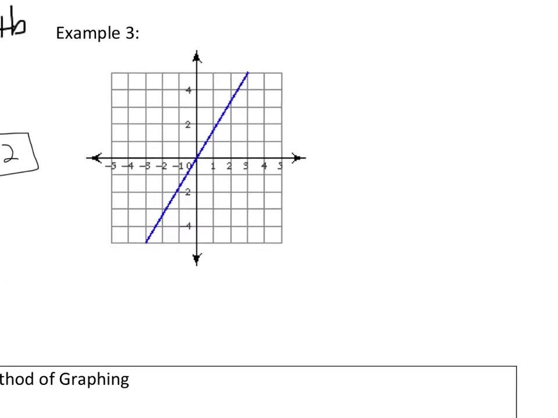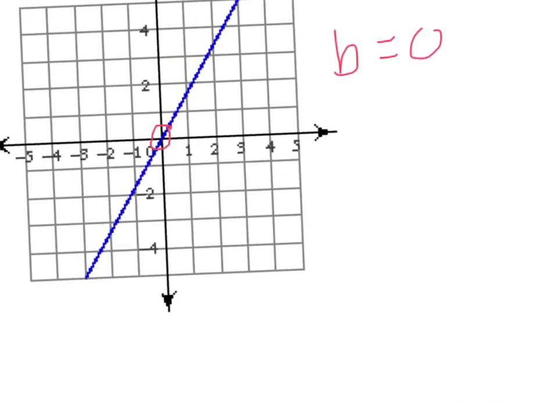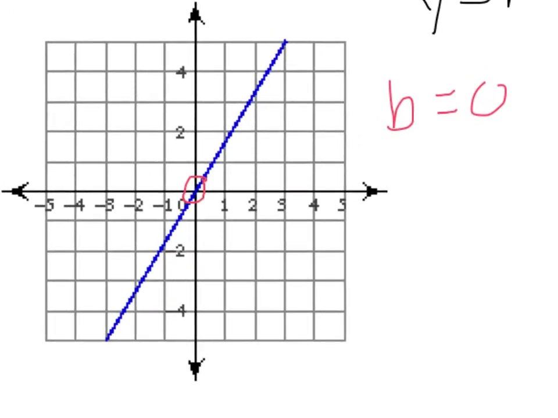Let's try the next one. Again, y equals mx plus b. Our y-intercept in this graph is at the origin. So our y-intercept is 0. Our slope, well, let's zoom in on this one a little bit more. If I go up one and over one, I'm not at a crosshair of the grid.